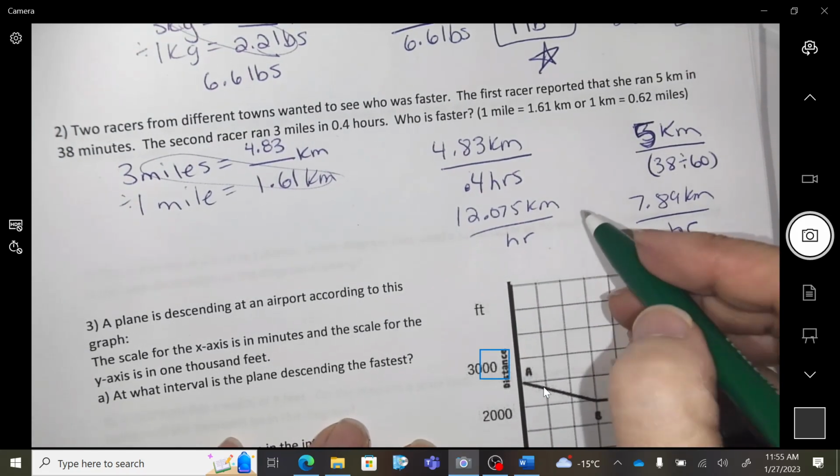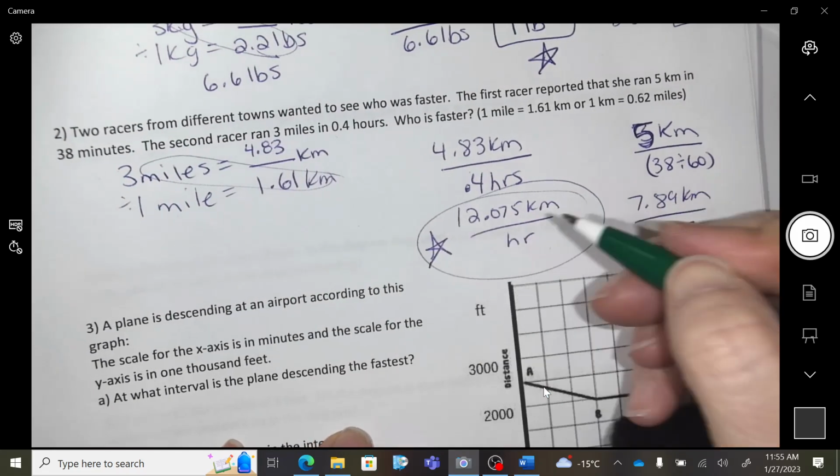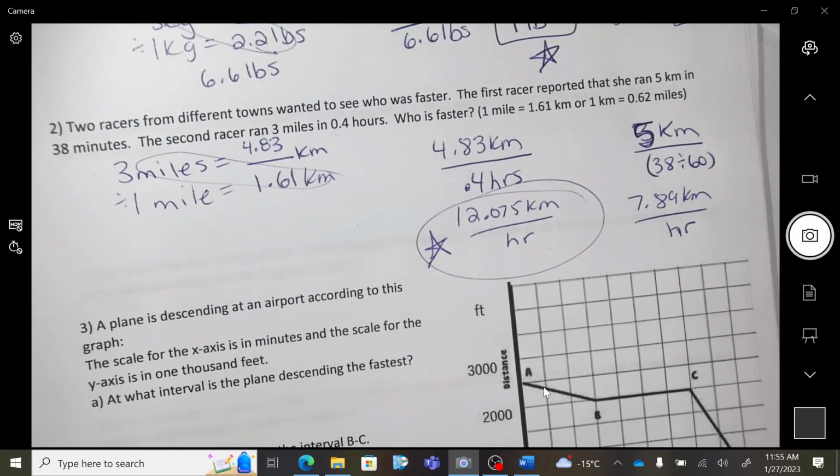So who would be faster? Okay, so what do we need? Do we need anything on your cheat sheet at this point? You tell yourself. Anything with time conversion?